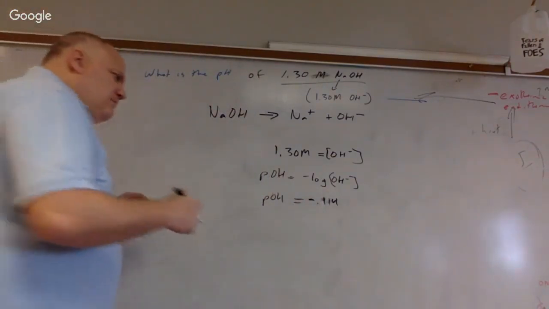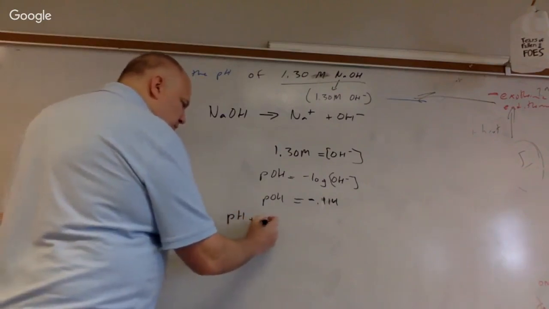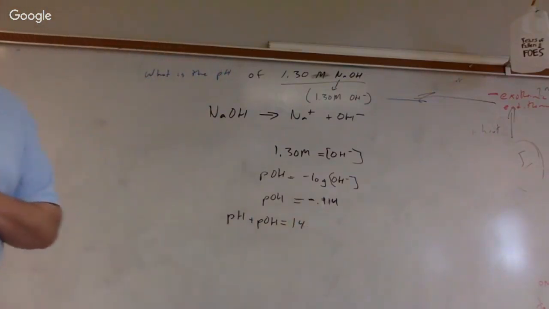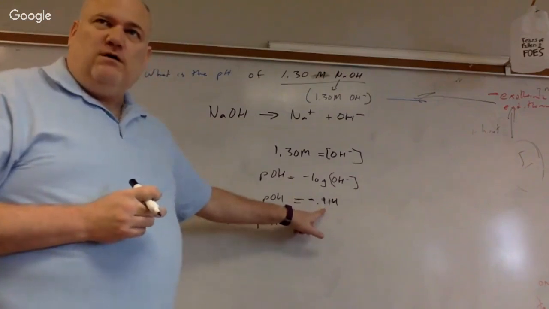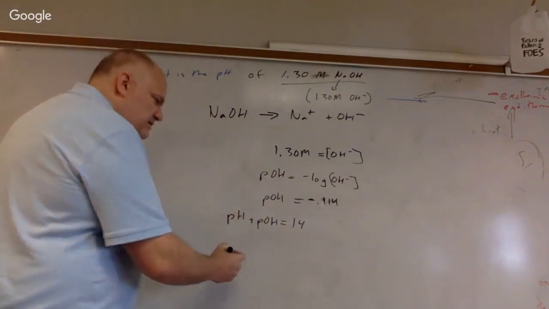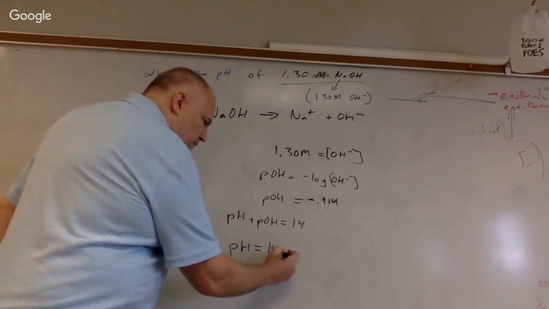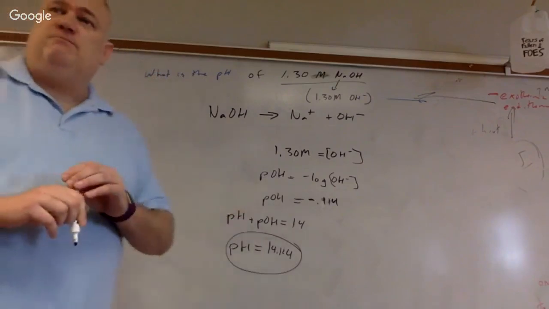Let's flip it into our overall equation. Doesn't it say pH plus pOH equals what? 14. So if my pOH is negative 0.114, mustn't my pH in this case be equal to 14.114? We can never have a negative pOH?